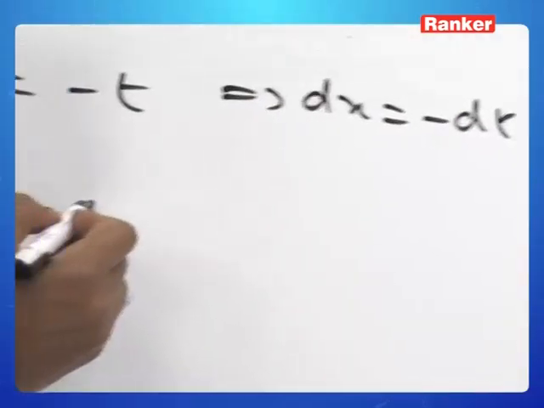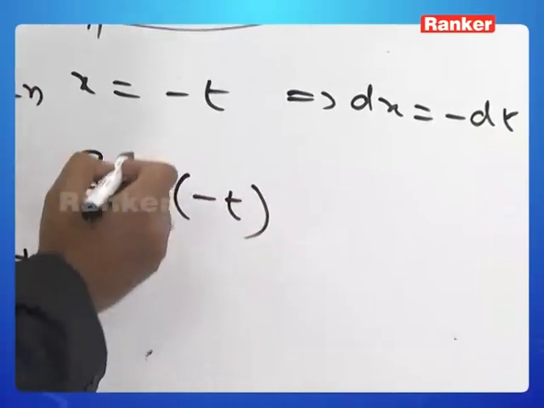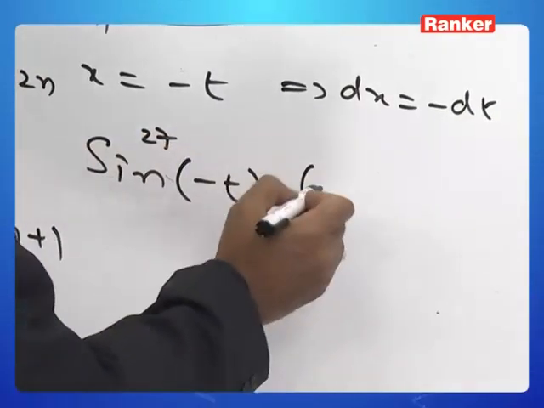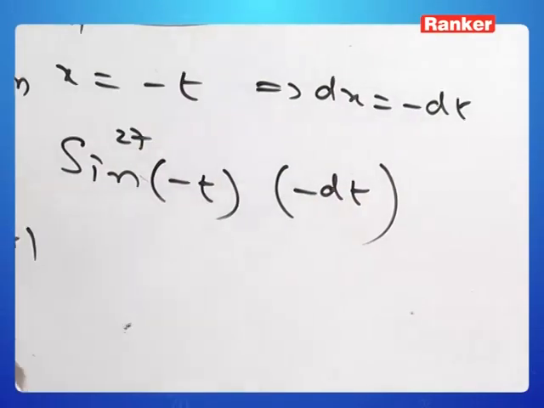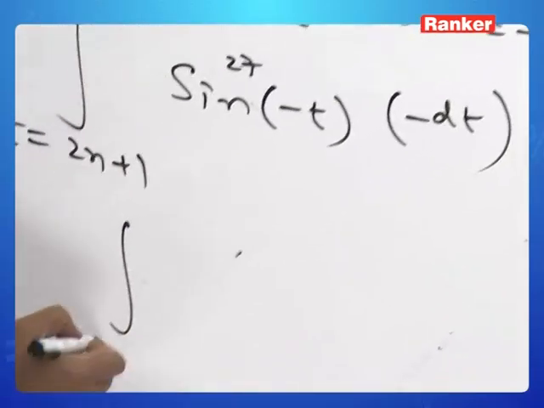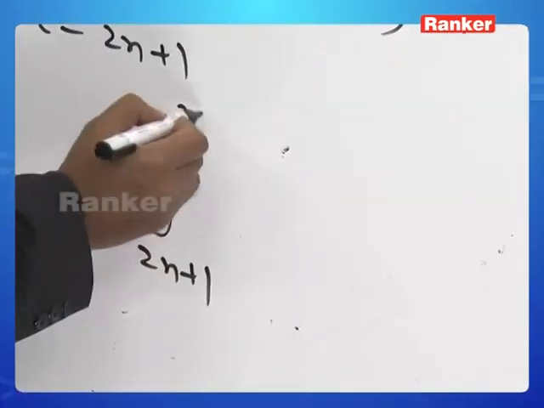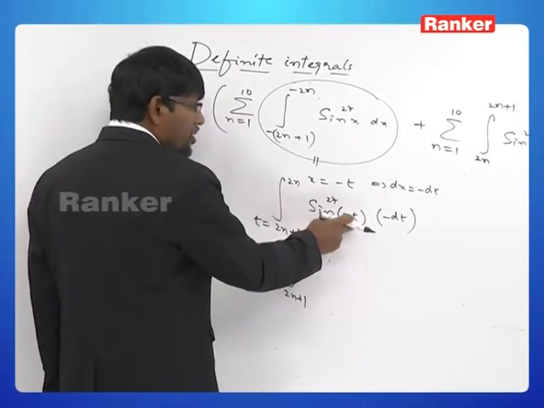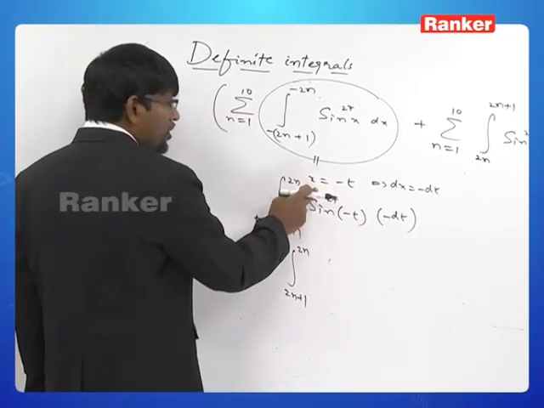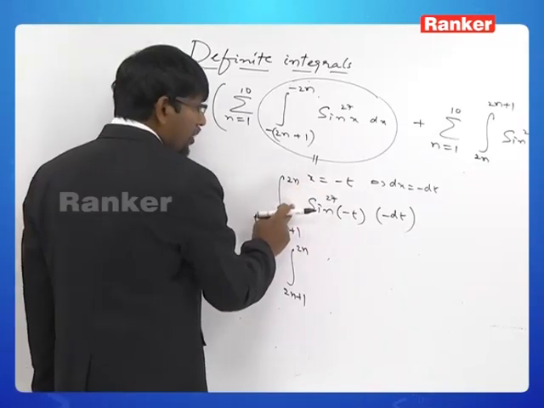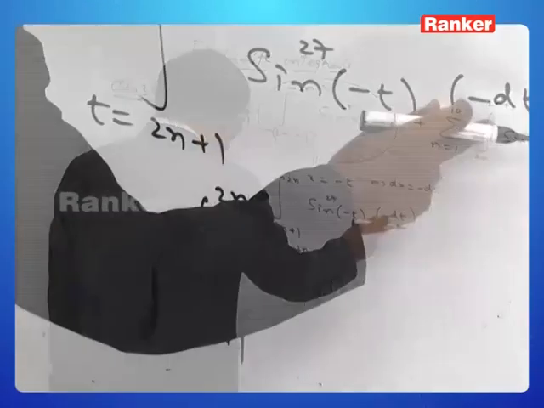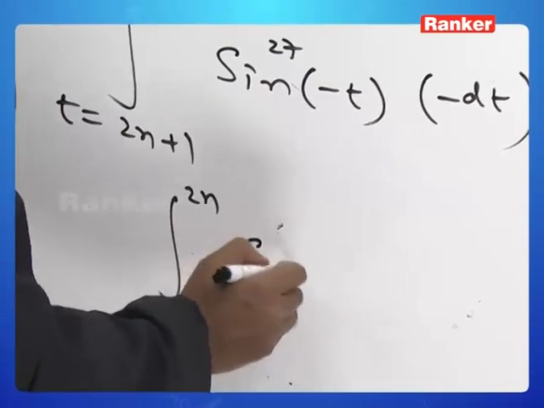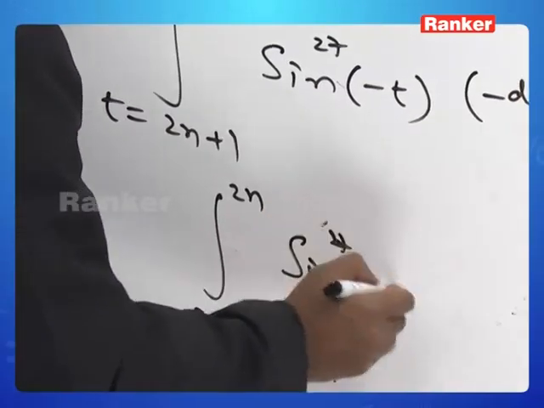And we have here sine of minus t raised to the power 27 minus dt. So, what does it turn out to be? Integral 2n plus 1 to 2n. Sine of minus t is minus sin t, that is raised to the odd power. So, that is going to give me a minus of minus will make it plus again. So, sin t raised to the power 27 dt.